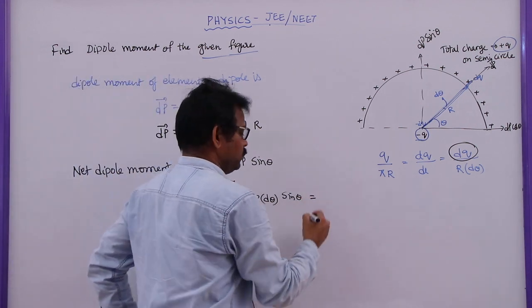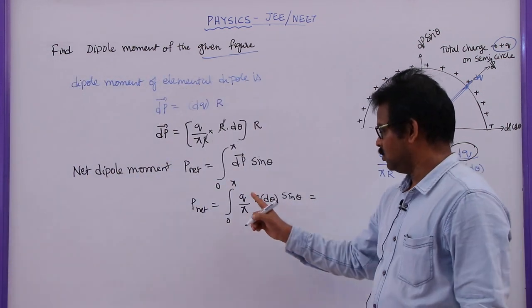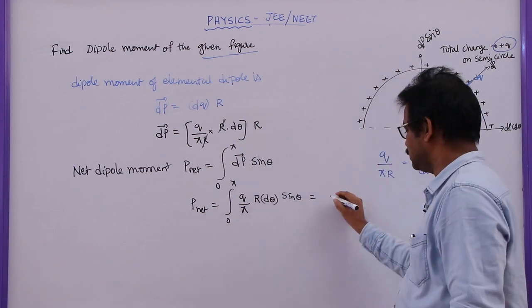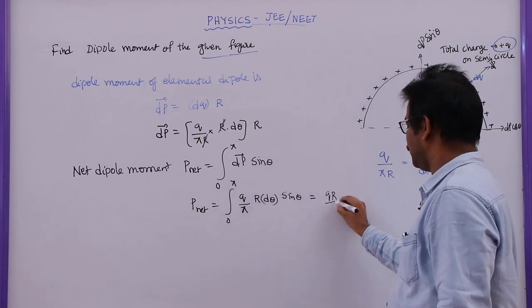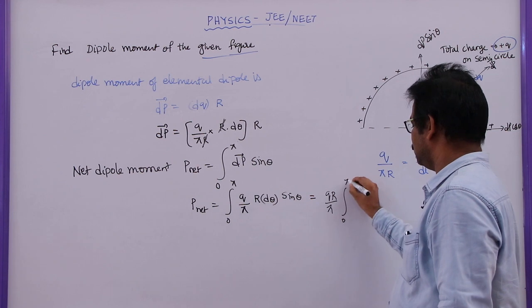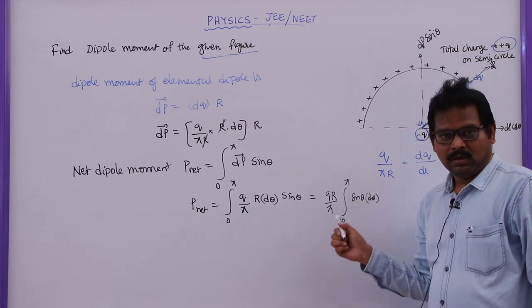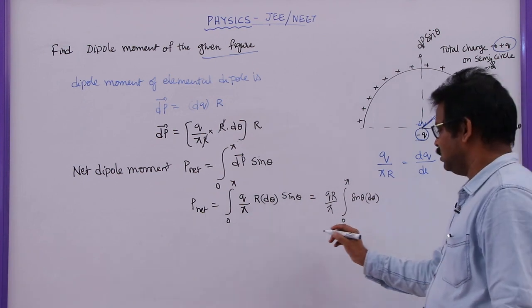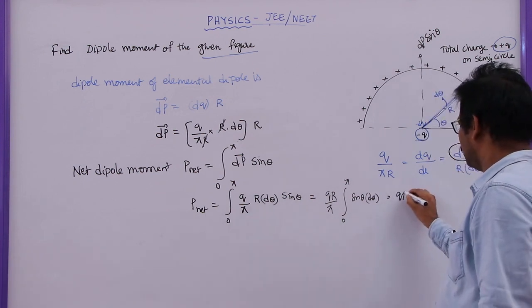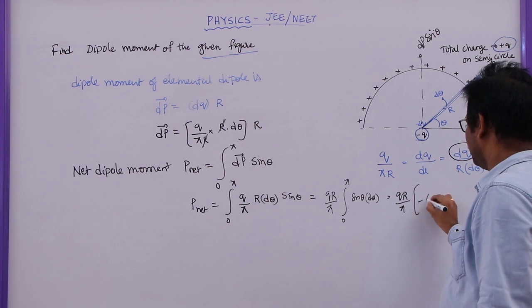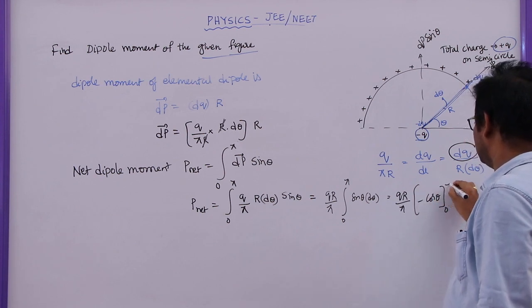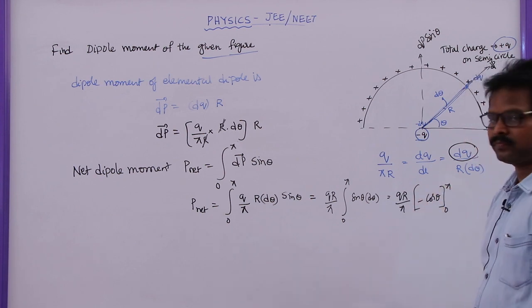Bring them outside. If you bring the constants outside, you can write q r by pi as common, times the integral from 0 to pi of sin theta d theta. The integral of sin theta is minus cos theta. So I can write q r by pi times minus cos theta with limits 0 to pi.